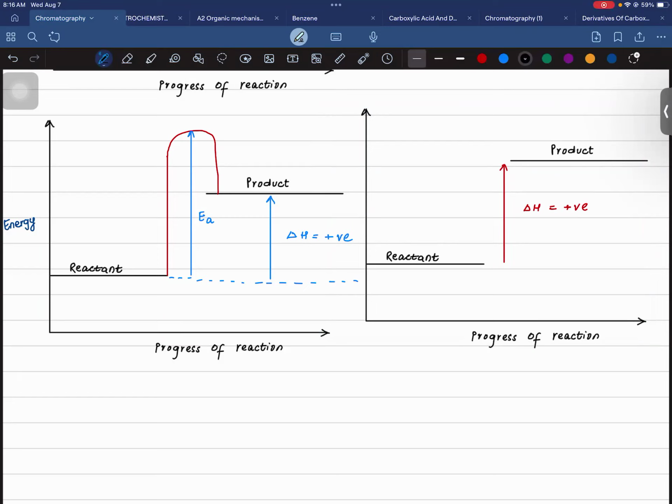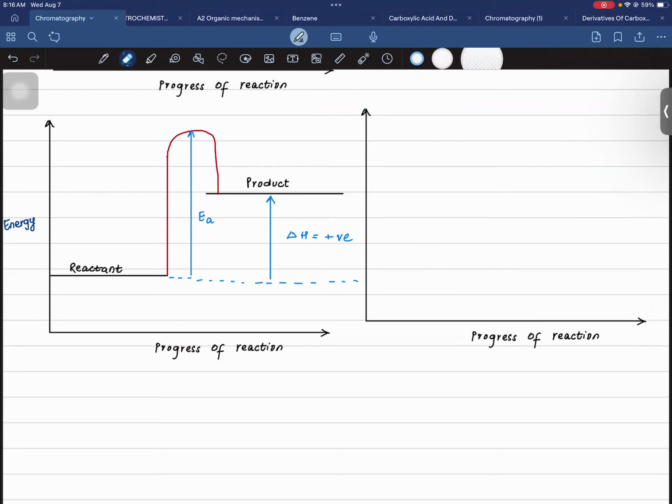So as you can see, this is a reactant and this is a product. This was activation energy, EA.